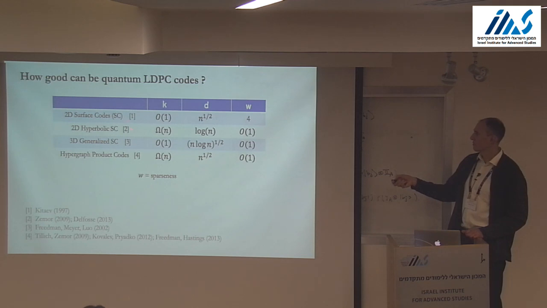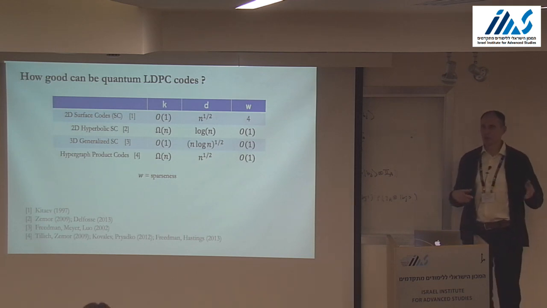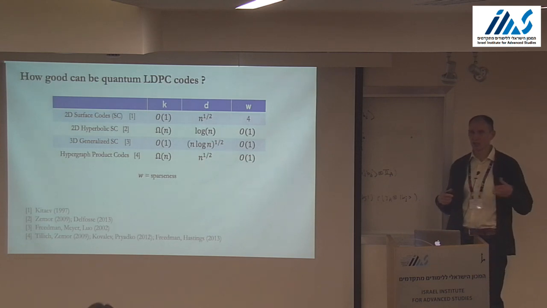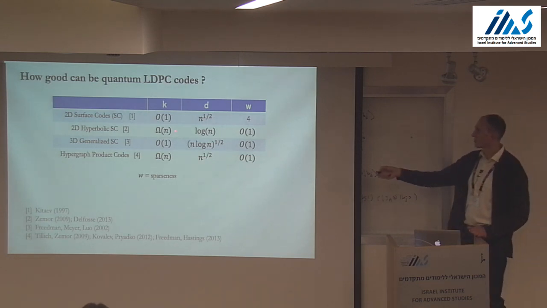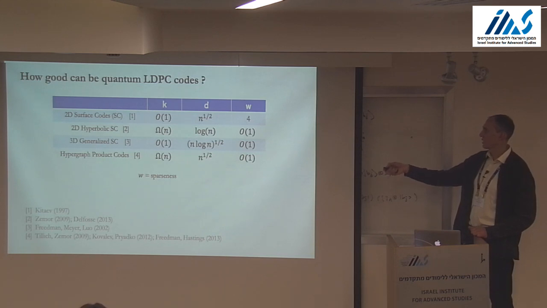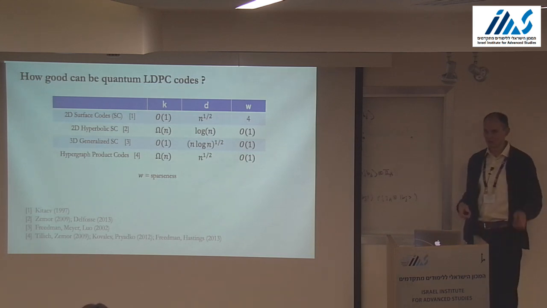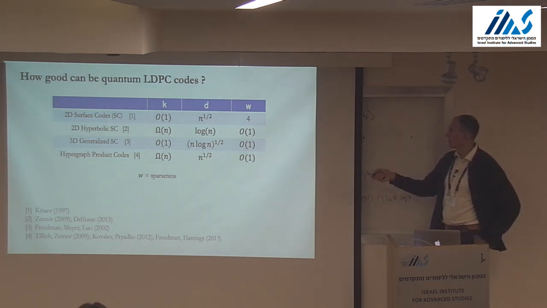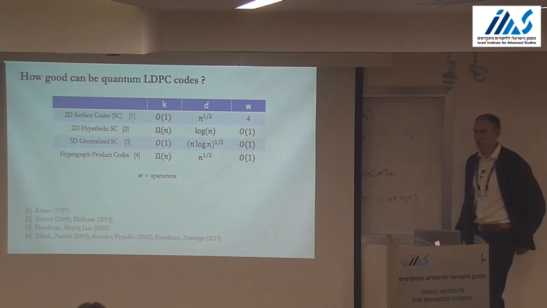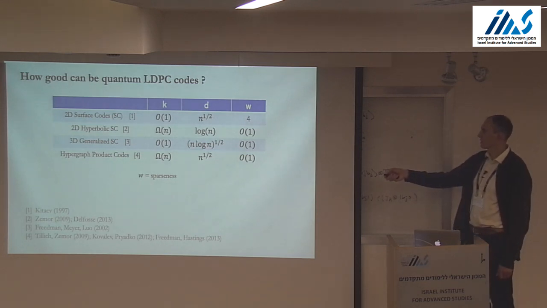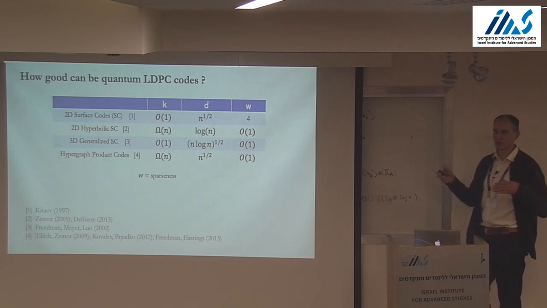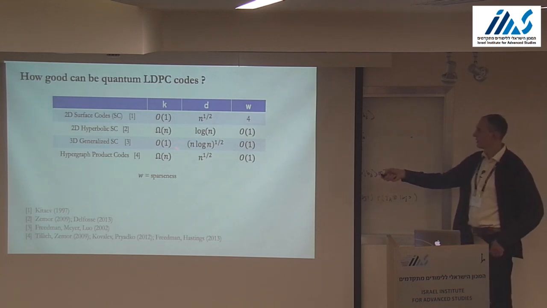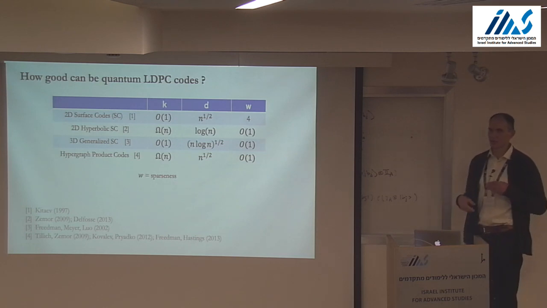we achieve constant encoding rate. So the number of logical qubits is linear in the code size. But the price we pay is that the code distance goes down. So instead of square root, we get a logarithm. And then, say, if we don't care about encoding rate and just want to maximize the distance, then the best known construction is a certain three-dimensional hyperbolic version of the surface code, and the distance scales just a little bit better than square root of n.